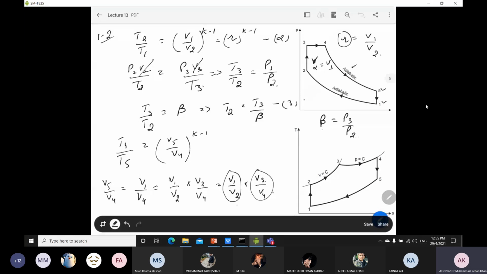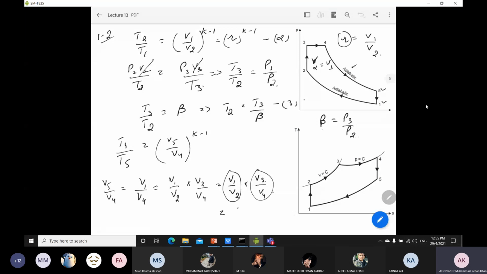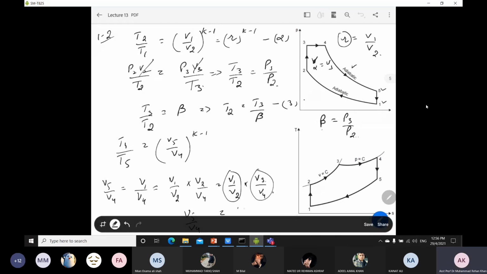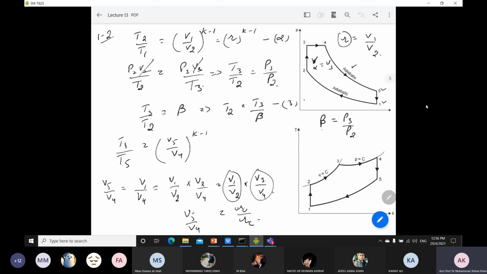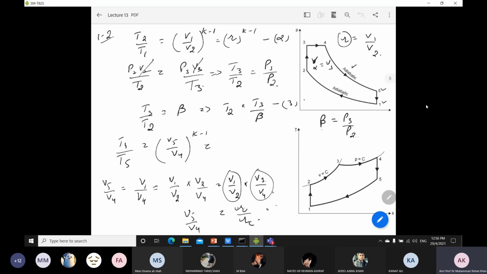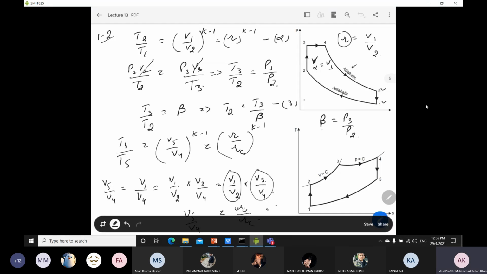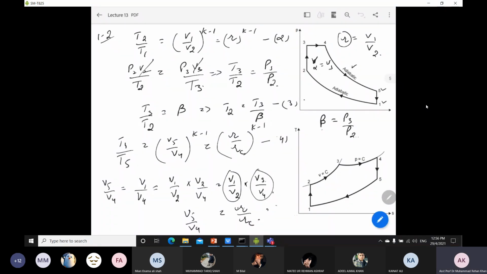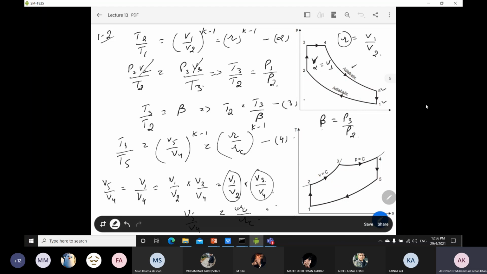From there we can easily write that V5 over V4 is equal to r over rc. If we put this V5 over V4 value into the equation, it turns out to be (r over rc) to the power K minus 1. You can mark this as equation number 4, and write it down. If you have any question, you can ask me. Then we'll move towards the next part.